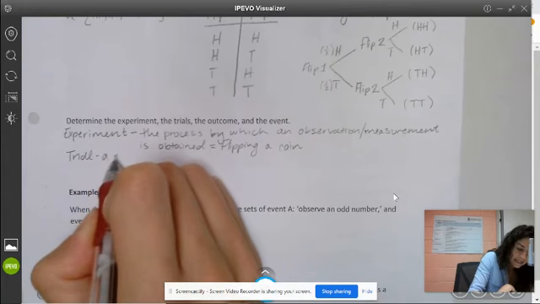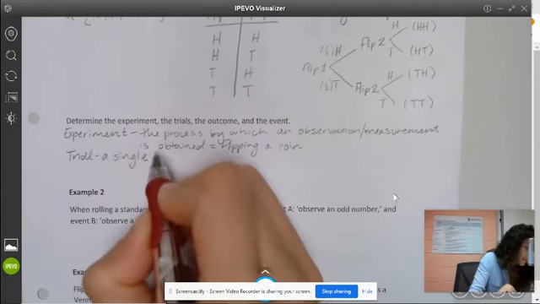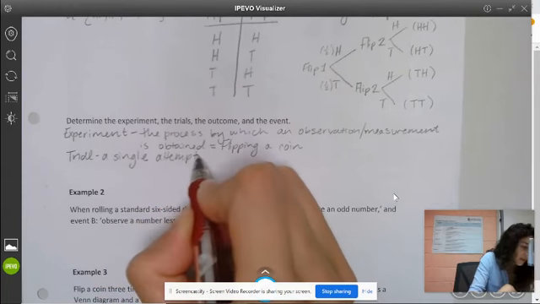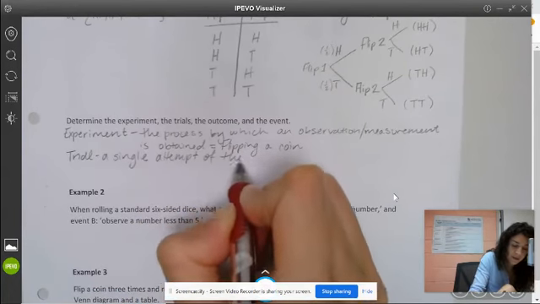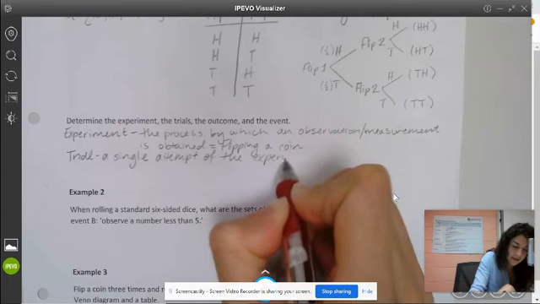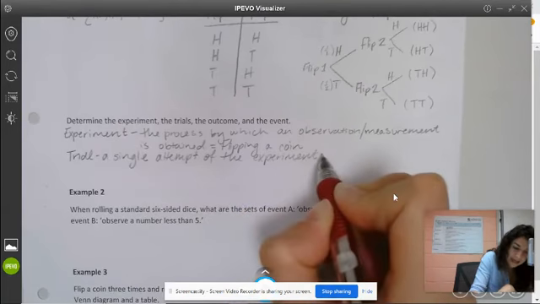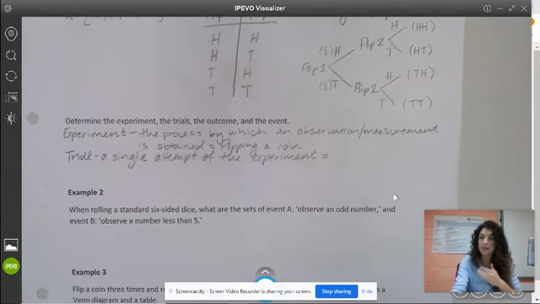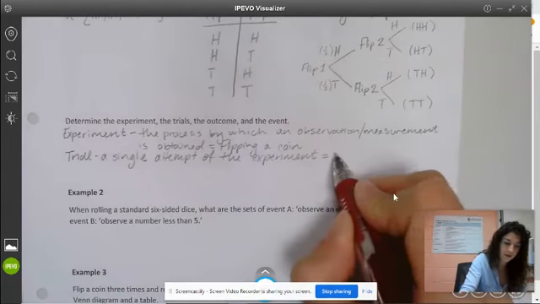The trial is a single attempt of the experiment. In this case, the trial would be each flip. So each flip is a trial in and of itself. Trial 1 and trial 2 would be flip 1 and flip 2.